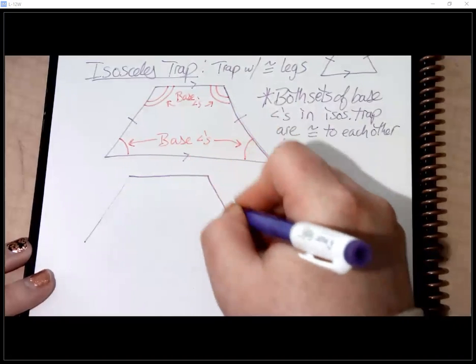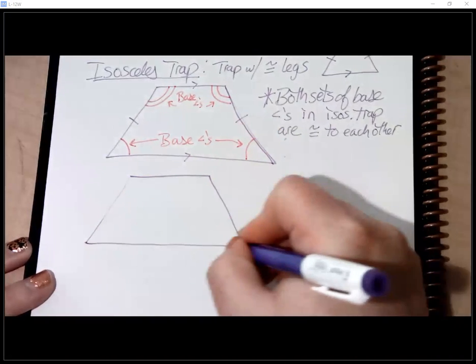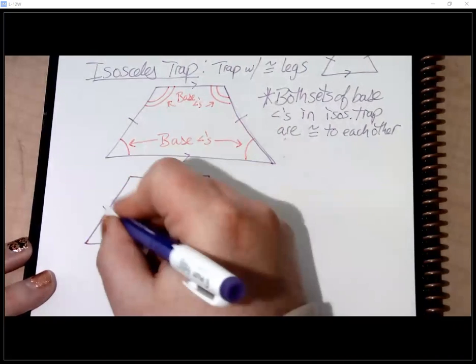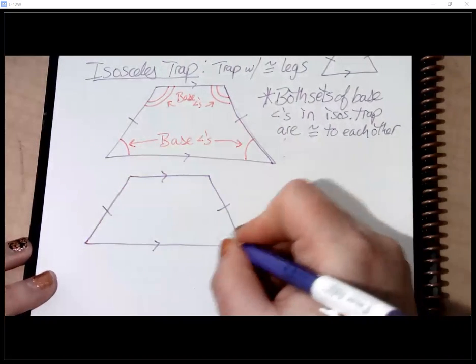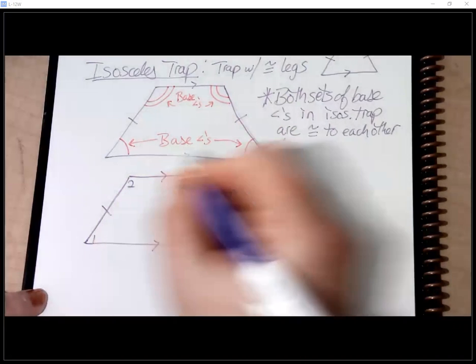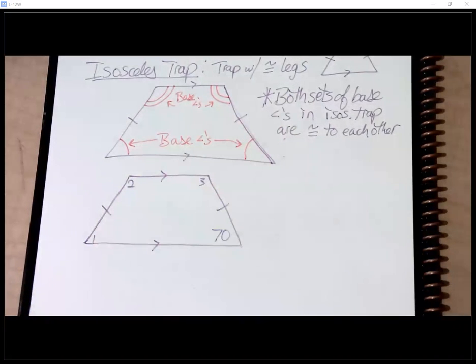So let's try that. If I told you, I don't know, this angle right here is 70, you should be able to find all of the other ones using what we just talked about. So if this angle is 70, you know angle 1 right away has to be 70 because they are a pair of base angles, so they have to match.